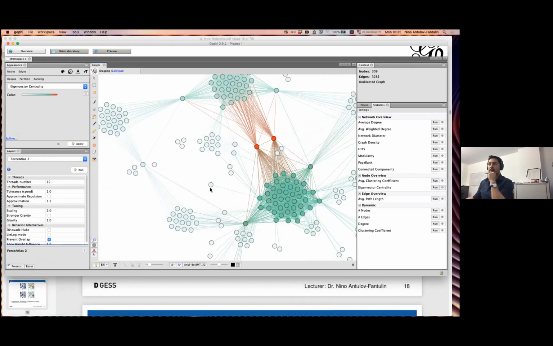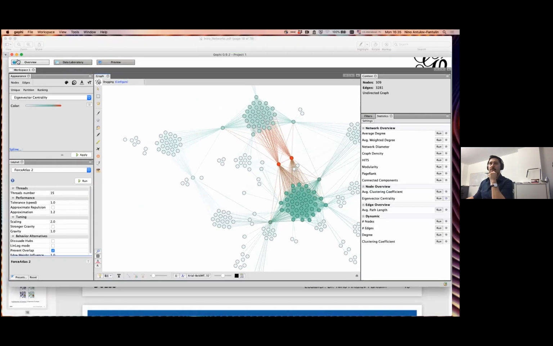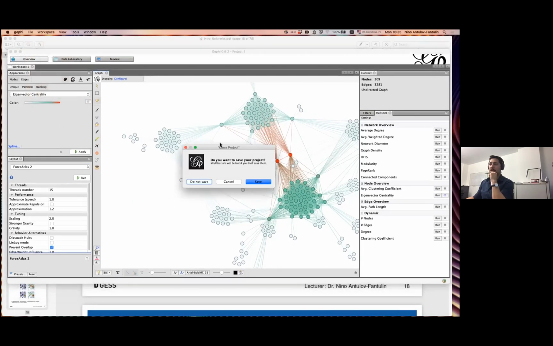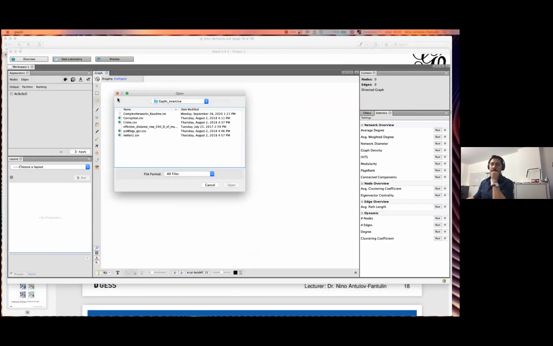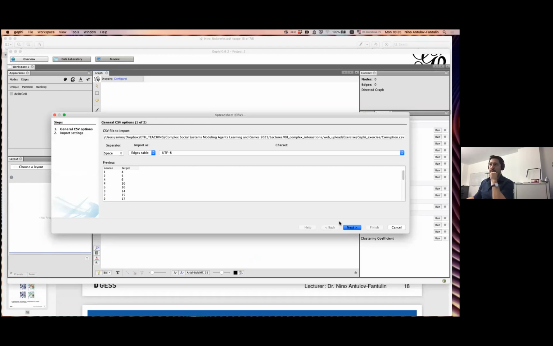For this, I will also show you the tool called Gephi. We want to import a certain network. I will export this network for you, and you will have it on Moodle. Let's, for example, import the corruption network.